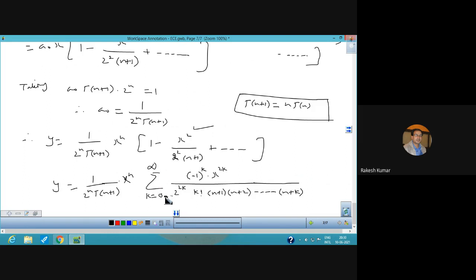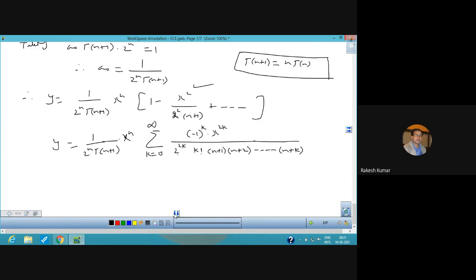Now you just see, when you put the value of k as 0, -1 to the power 0 is +1, x to the power 0 is 1, 2 to the power 0 is 1, 0 factorial is 1, and for k equal to 0 you will have only one term. So you will have 1, and for k equal to 1 you will have the second term. For k equal to 2 the next term, and for k equal to the general term you will have the same term as it is.